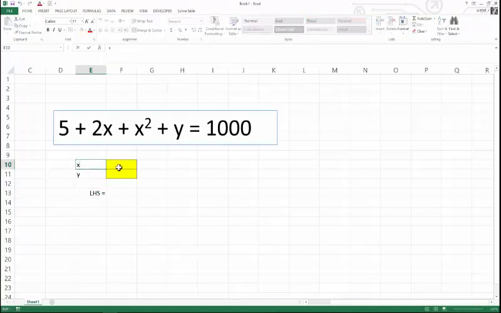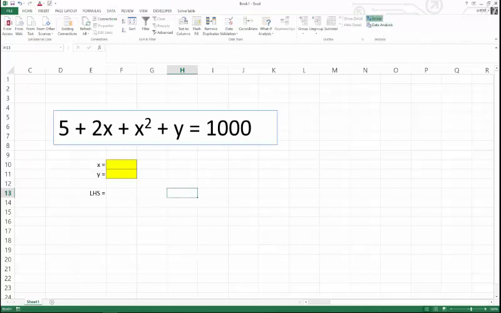To make it more readable, I aligned it to the left, and I include the equal sign. Then you can input the formula of the left-hand side of the equation based on those two changing cells. Once you have done that, then you go to the Solver.